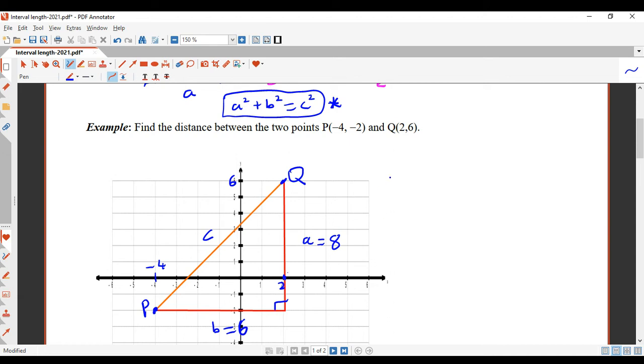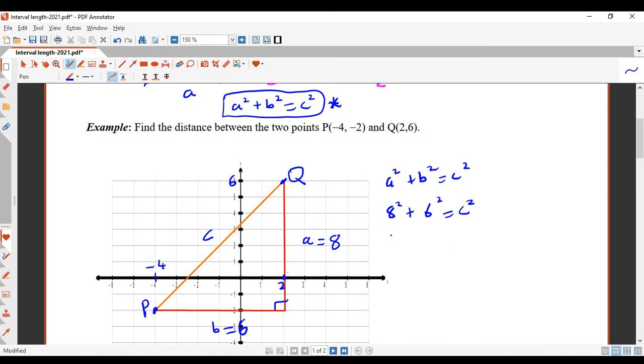So if I write down my formula for Pythagoras' theorem, A squared plus B squared equals C squared, well, A is 8, so I'll put 8 squared there. B is 6, so 6 squared there. And then C squared, well, C is what we're trying to find. We're trying to find the length of PQ, which we've used C to represent.